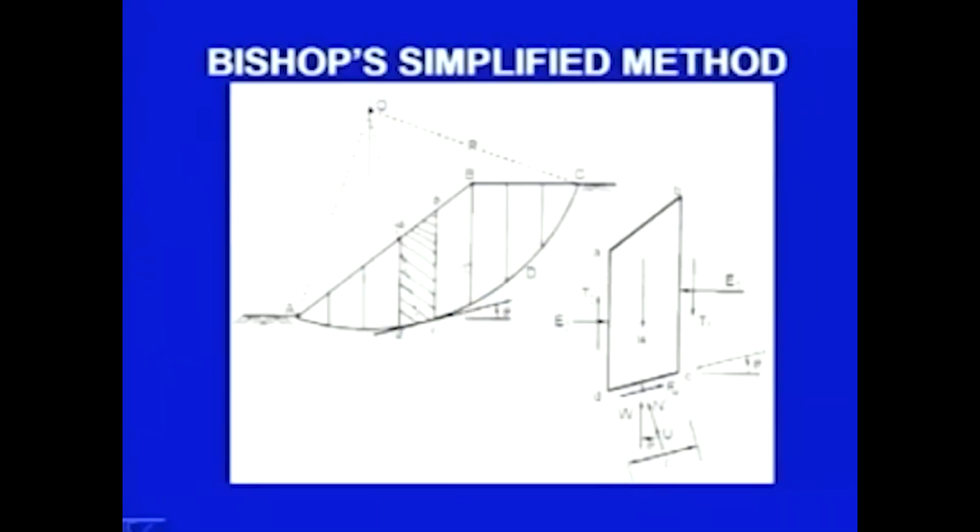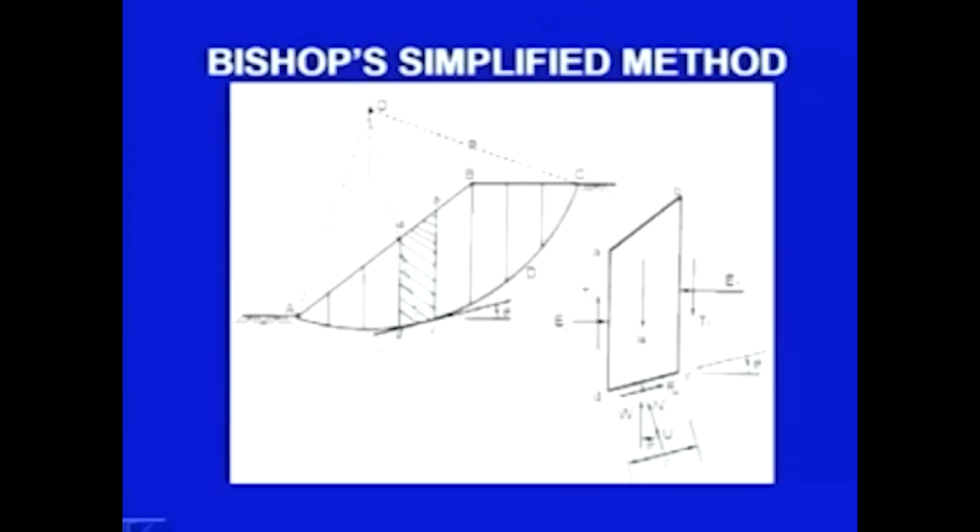Now, let us come to the most popular method, Bishop's simplified method of slices. These are the basic concepts. Again, the same slope I have taken, a slope with some angle here, and this is the center of the circle.